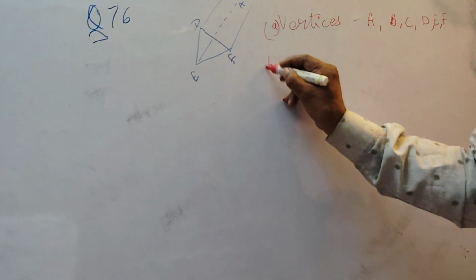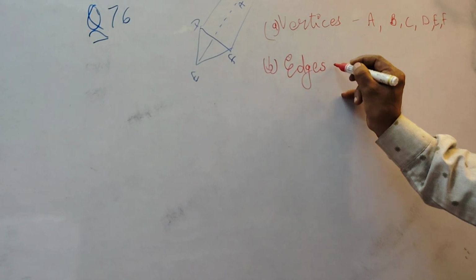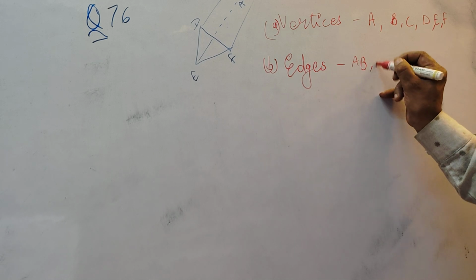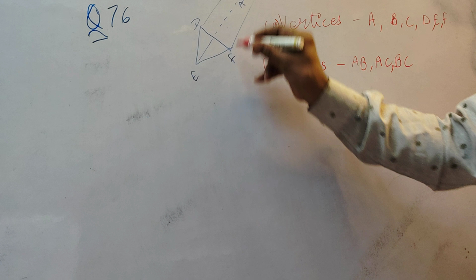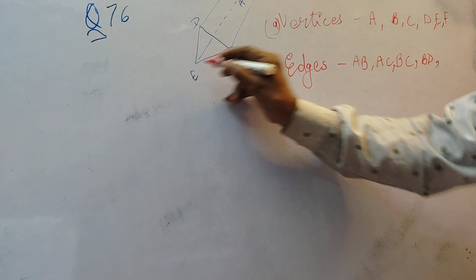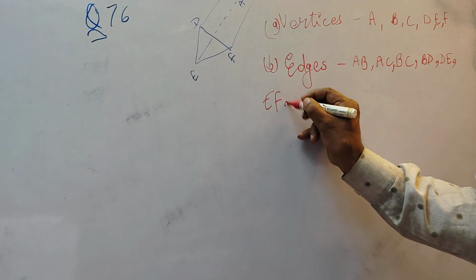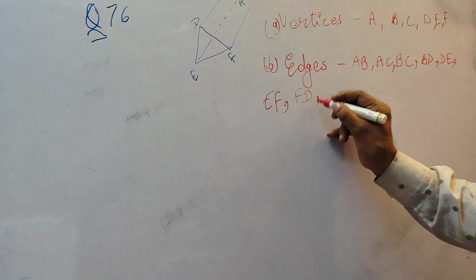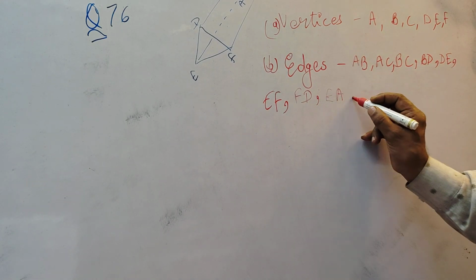The second part is edges. Edges are line segments. The first one is AB, then AC, BC, BD, DE, EF, FA, FD, FB, and behind there is EA also, and EF.